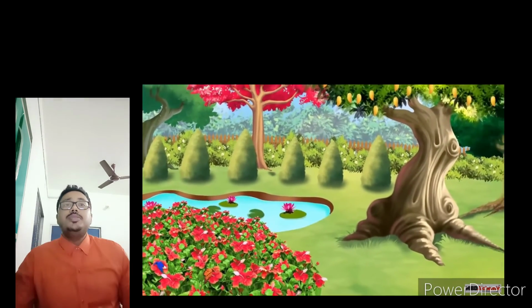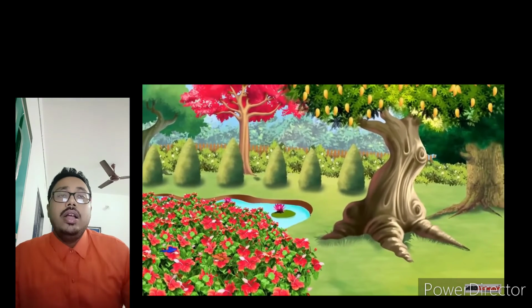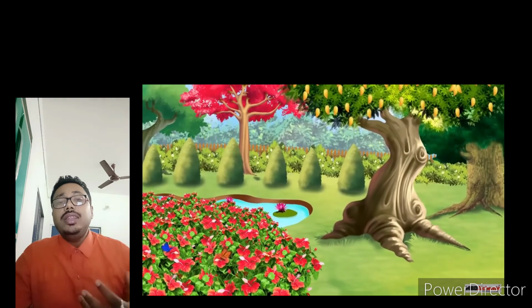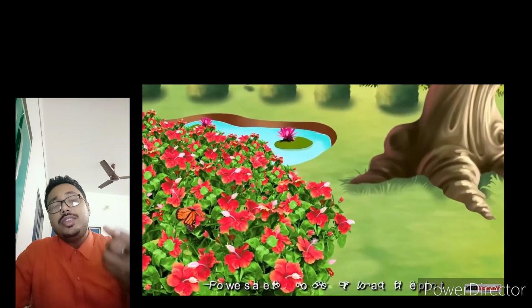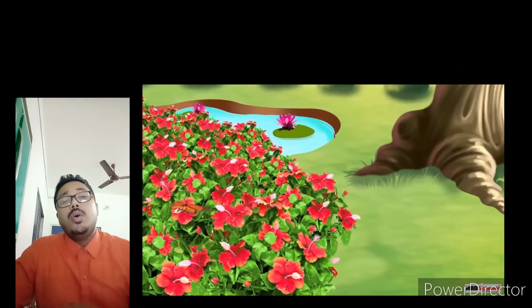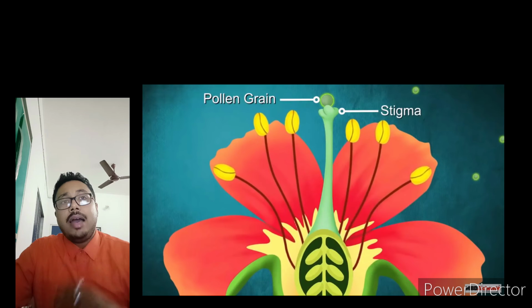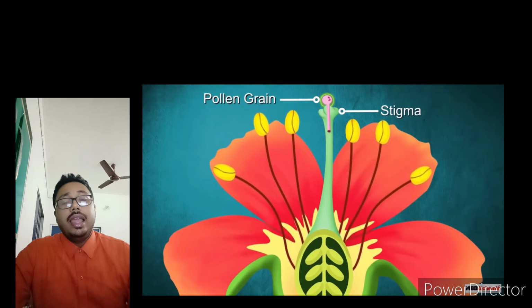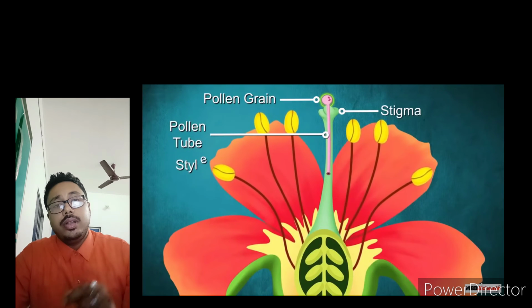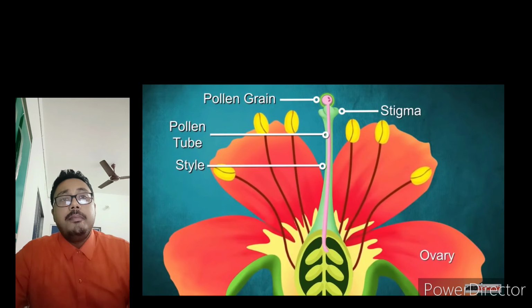Now, after this pollination, what happens? After the pollen grains land on a suitable stigma, they reach the ovule, the female gamete present in the ovary. It forms a tube which is known as the pollen tube.